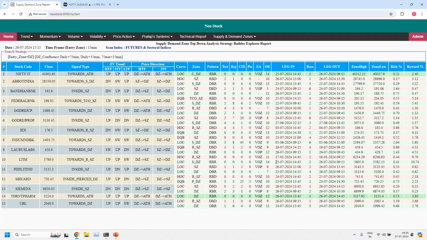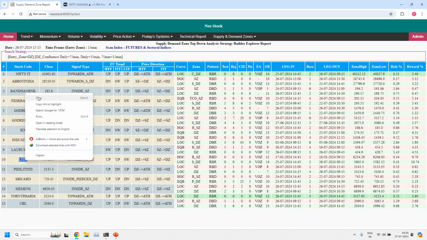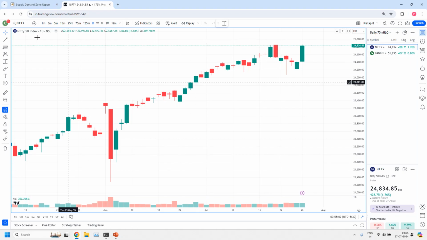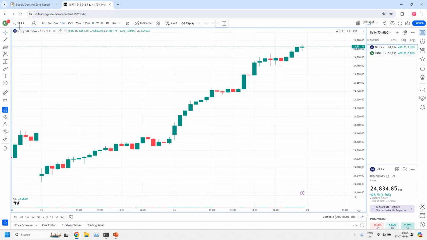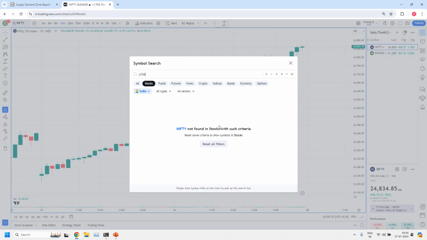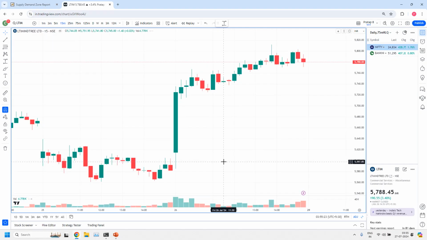So when this zone is created, in which time frame? 15 minutes. So for L&T Mindtree, let me open the chart. First I need to set the 15-minute time frame. LTIM, L&T Mindtree. So this is the chart.